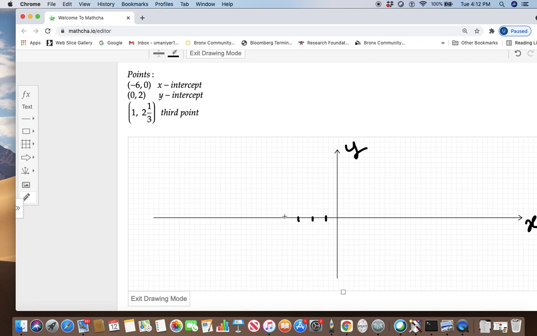So negative 6 on the x-axis and y-axis 0. So y-coordinate is 0. So you don't go up and down. You stay here. That's your first point. 0, 2. X-coordinate is 0. Y-coordinate is 2. That's your second point. Third point is 1 and 2/3. So not half, but a little less than half, right? 2/3 is somewhere there. So that's your line.